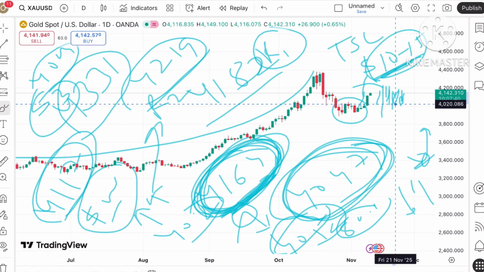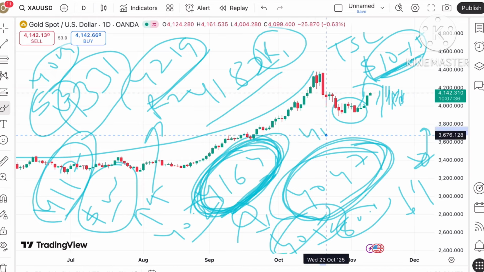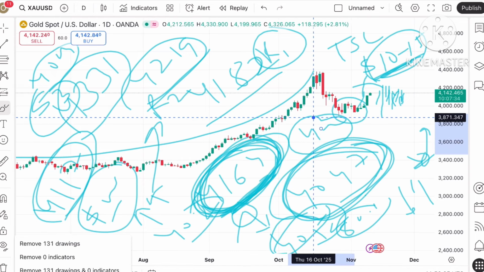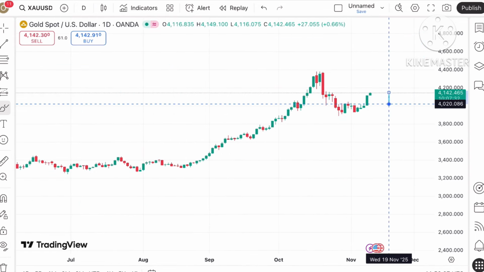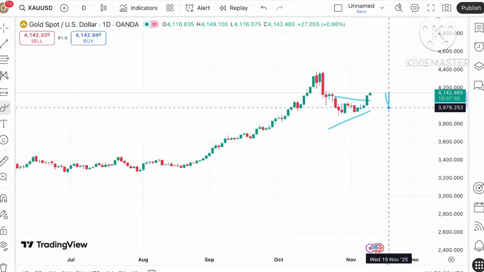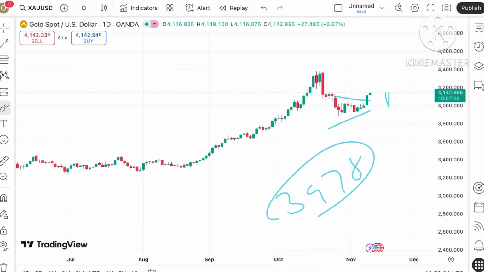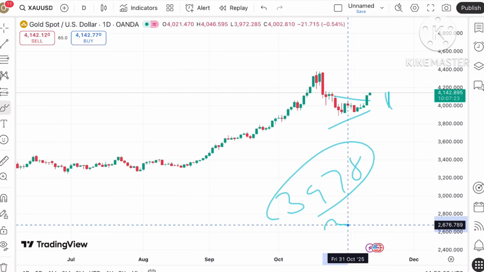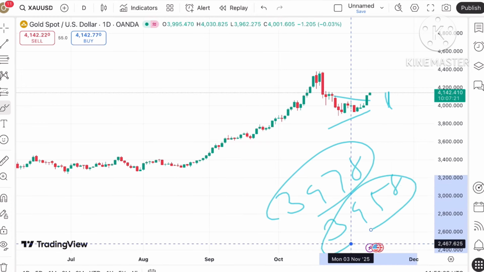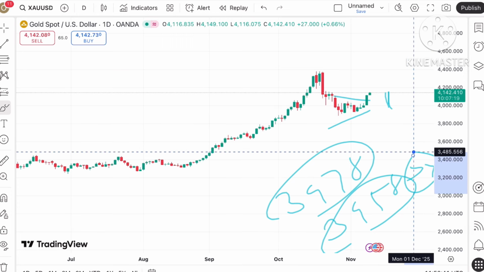Once the price starts falling below $40.23, it will move towards $4,000. Once the price moves below 4,000, there will be a probability of further downside, and the price will move towards 39.78. If the price falls below this level, a further downfall towards $39.58, which is support 4, can be seen.